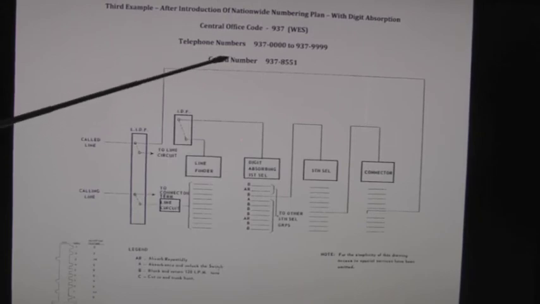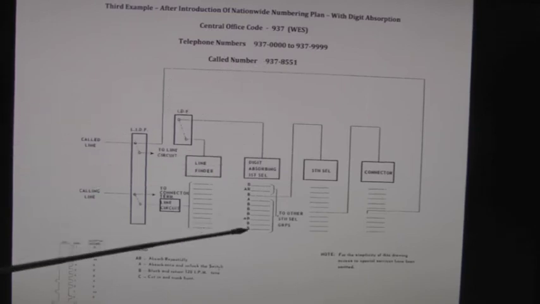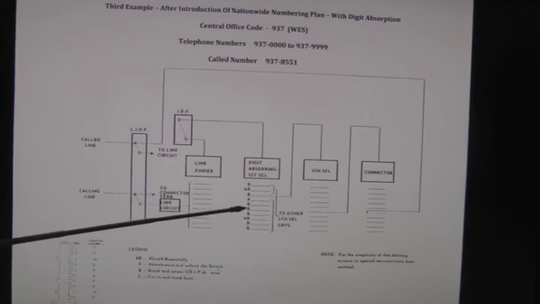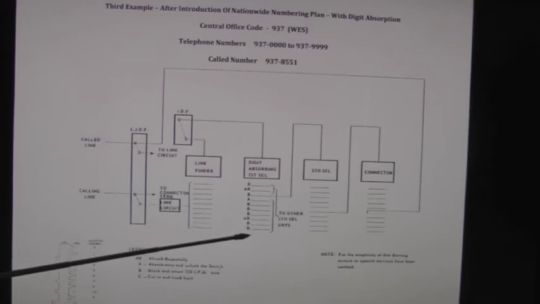Now let's see what would happen if the customer dialed a 5-digit call and dialed 78551. So the first digit dialed is a 7, so we step up and we reach the A level, which is absorb once and unlock the switch, so it drops off.